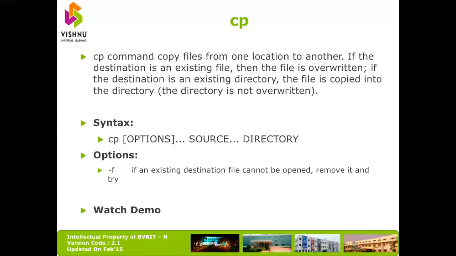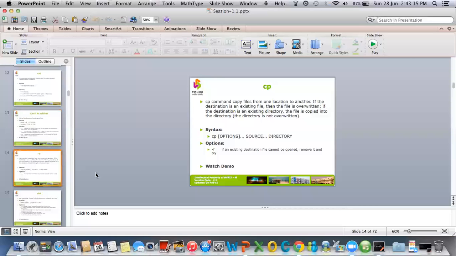And if the destination is an existing directory, the file is copied into the directory, but the directory will not be overwritten. So the time of the directory creation will not be changed, but all the folders and files inside that particular folder will be overwritten. So let us set up some situations and see how the cp command actually works.